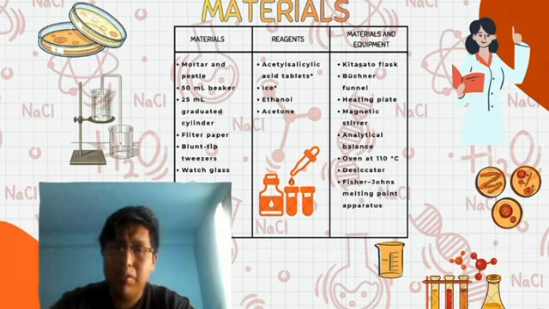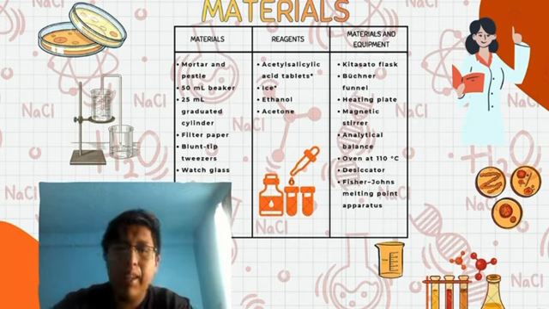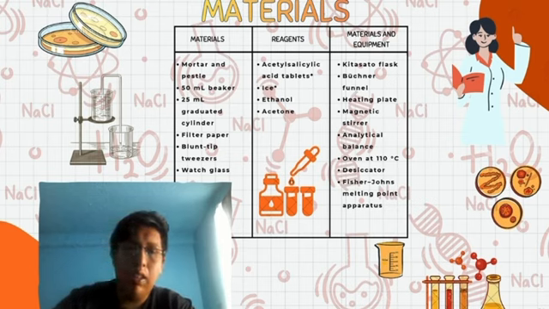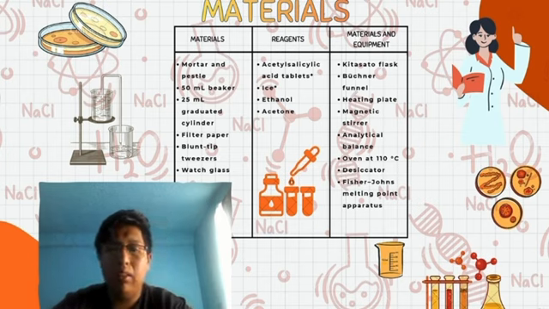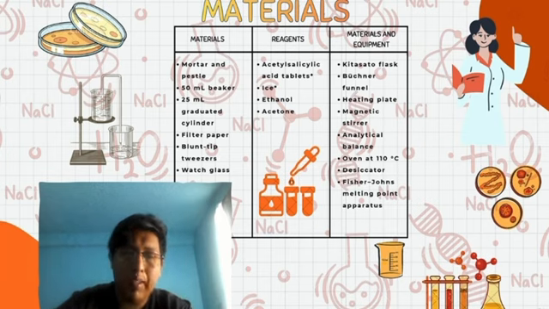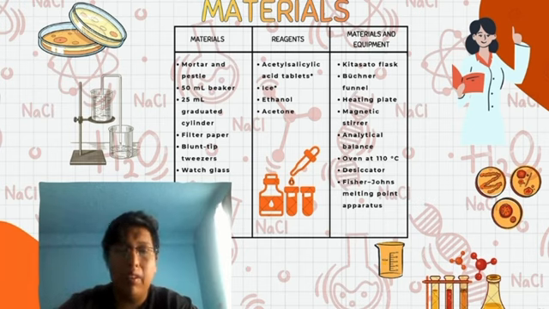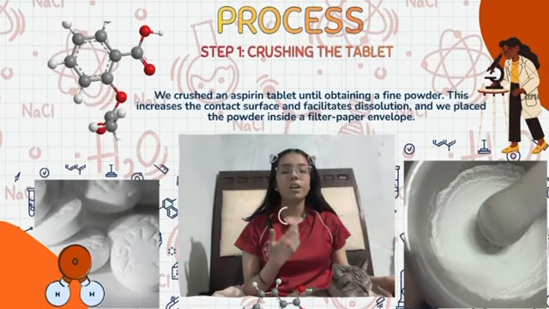The reagents used are acetylsalicylic acid tablets, ice, ethanol, and acetone, and the equipment is a Kitasato flask, Buchner funnel, a hot plate with magnetic stirring, and a balance and oven at 110 degrees.